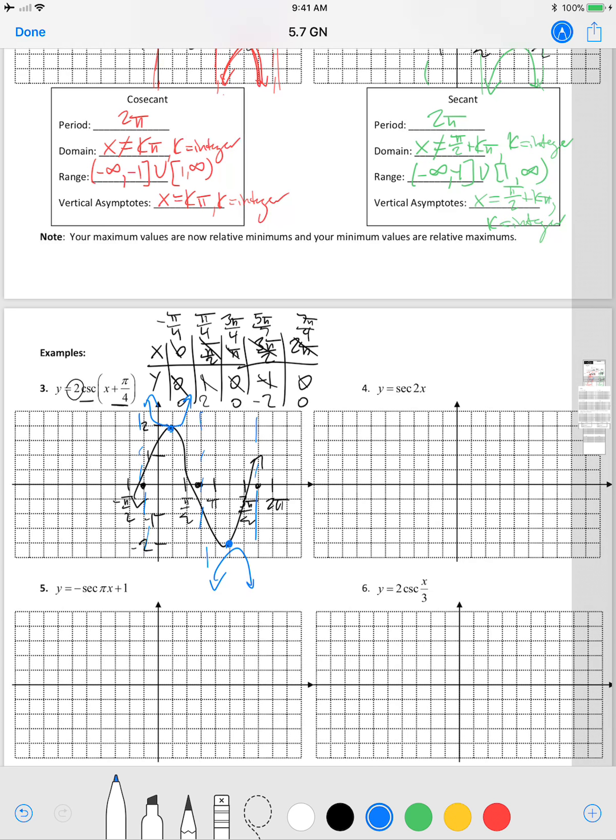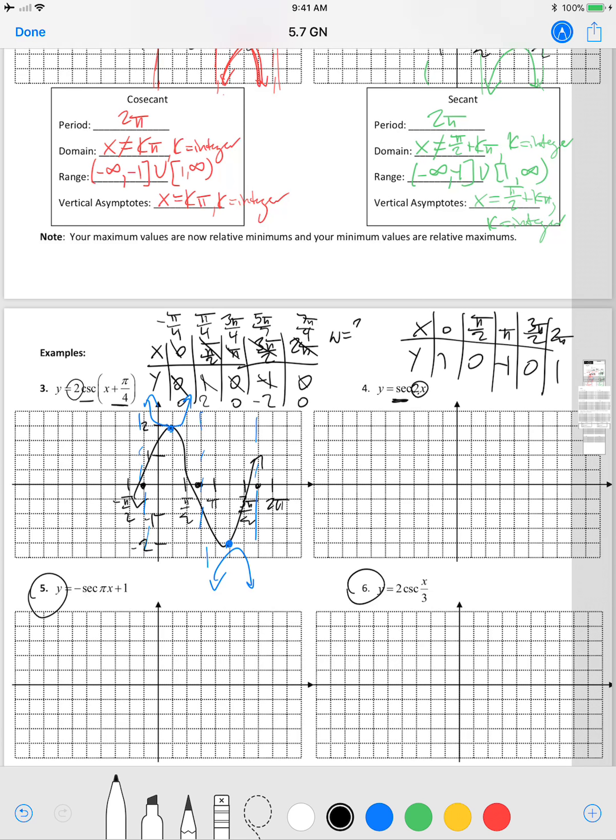So if you want to try numbers 5 and 6 on your own, I'll go through number 4 with you right now. So here I have the secant of 2x. So that means I'm going to take the table for cosine, because cosine is the reciprocal of secant. 2x right here, b is 2, so what does that tell me?